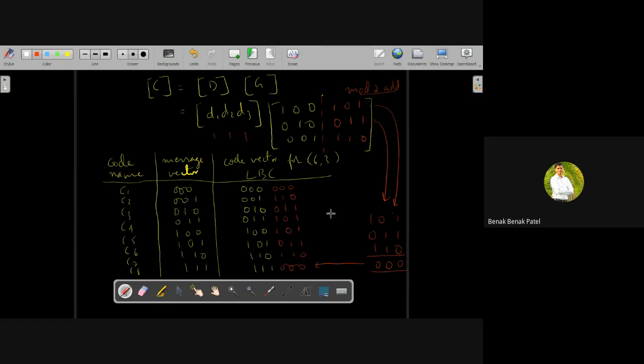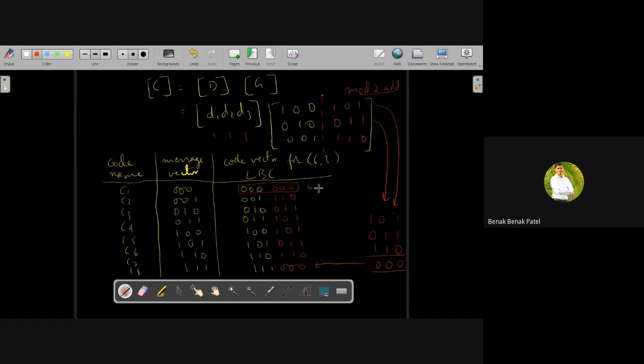So this is how we can get all possible code words for the 6,3 linear block code. Here you can see that we ended up with 6. So the block size of this channel encoder is 6.